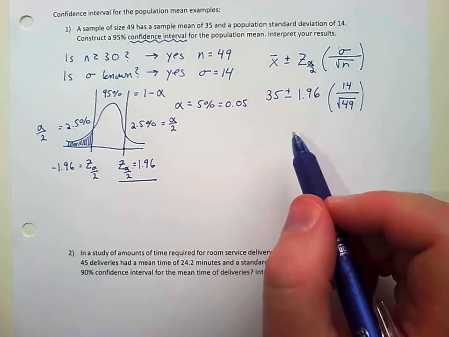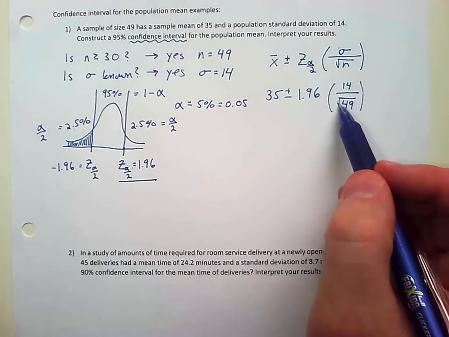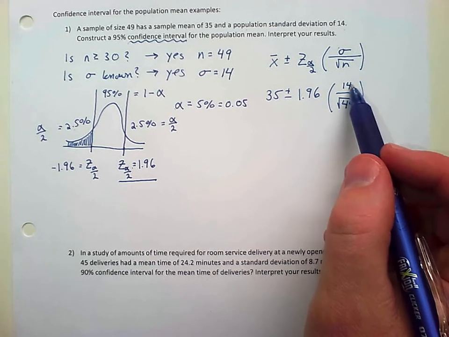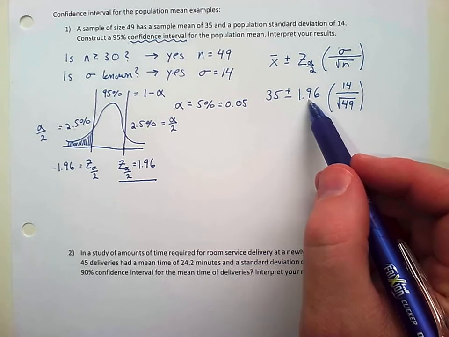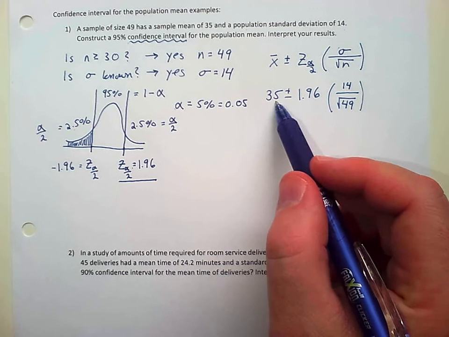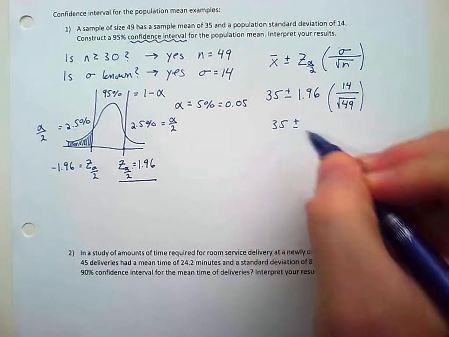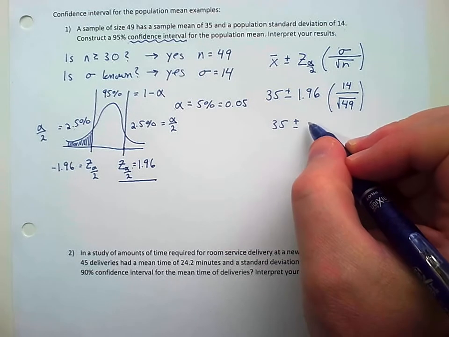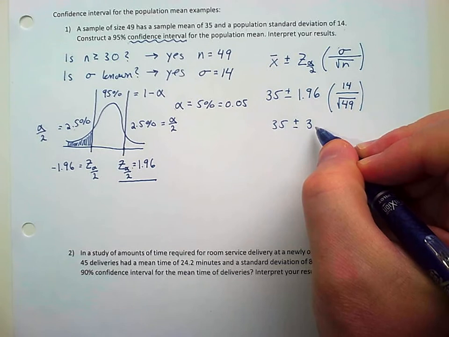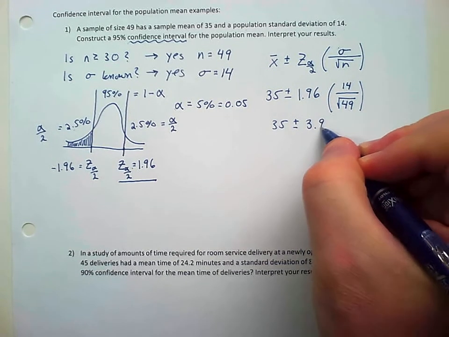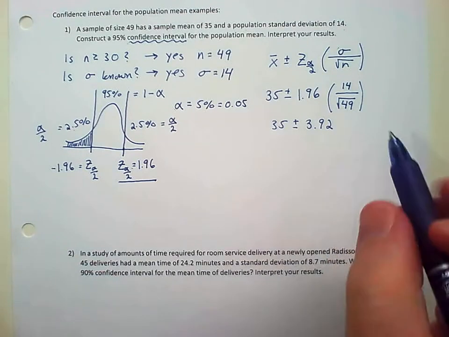So if you do this arithmetic, you take 14 divided by the square root of 49, and we're going to call this the principal square root, so it's going to be 14 divided by 7, or just 2, and then 2 times 1.96 comes out to 3.92.